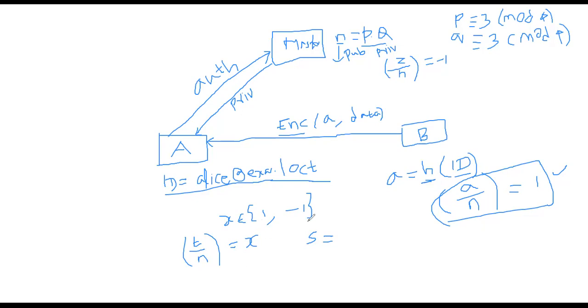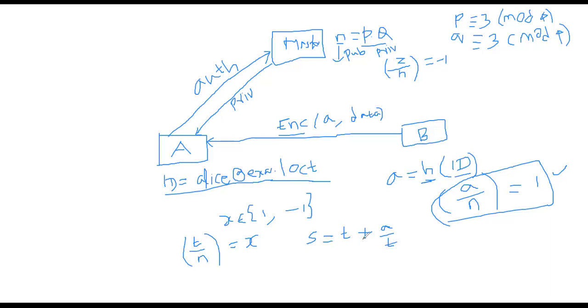So what is the encryption algorithm now? The encryption algorithm is basically T plus A by T. T is something that Bob generated based on the property that the Jacobi symbol of T with N is the same as X. N is public, so he knows how to generate T, and he knows A because he can apply the universal hash function.